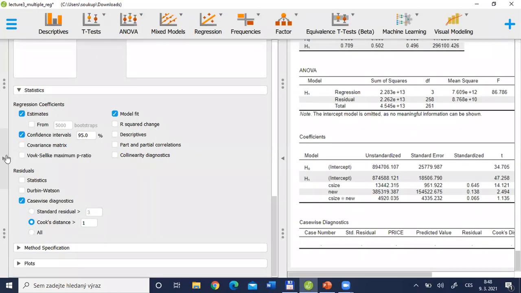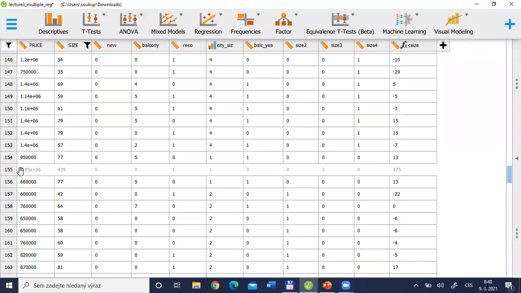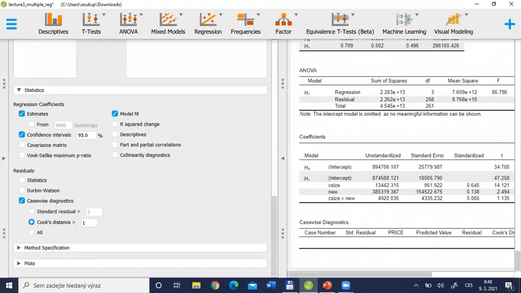In the same style as we excluded this value, we should exclude all other values that can be influentials and then recompute our model. So this is a practical recommendation related to influentials.